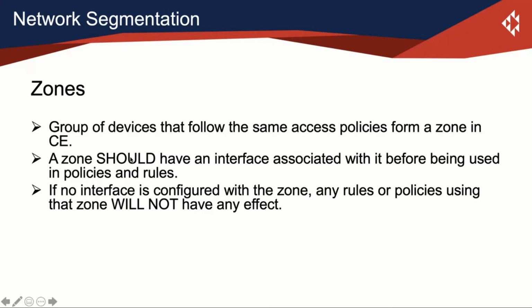So a zone should always have an interface associated with it before using it in policies. Now, this is a very important point. If no interface is configured with the zone, any rules or policies using that zone will not have any effect. So if you see issues where you have added a rule but it's not working, the first thing is to go and check if that zone has an interface associated with it.